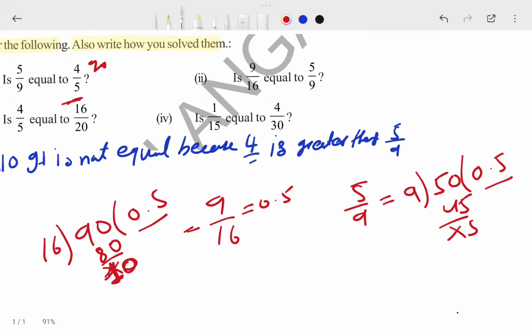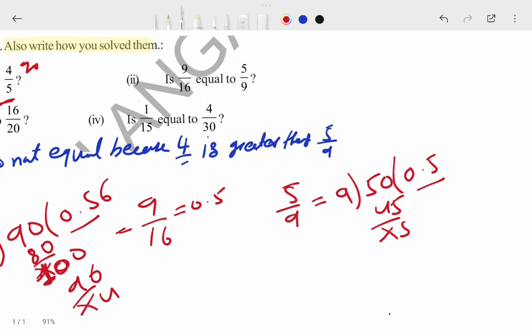Let's talk about it. Here I will take another 0. If I take another 0, then 16 sixes are going to be 96, and 4 will be left. Now again if you take 0 here, 9 fives are 45, only 5 will be left.